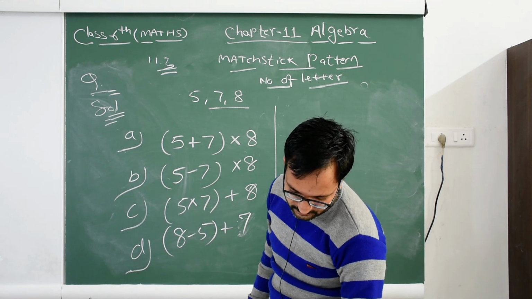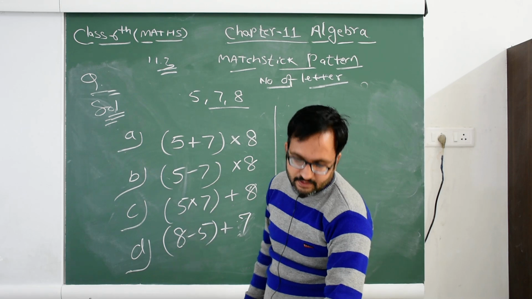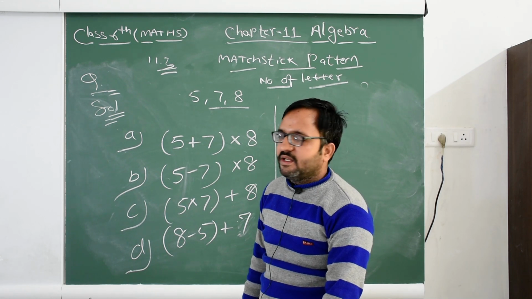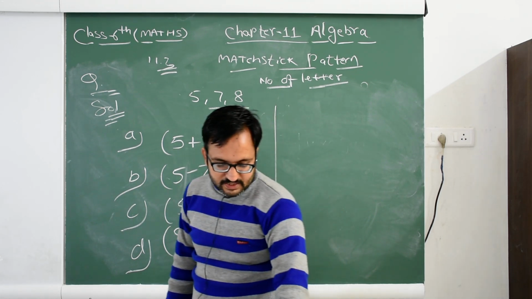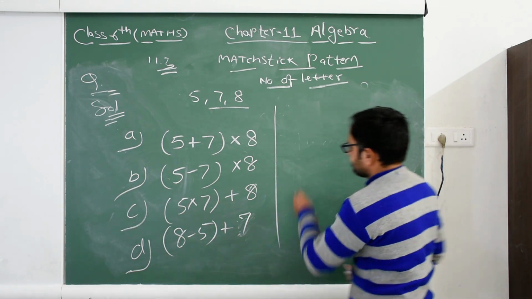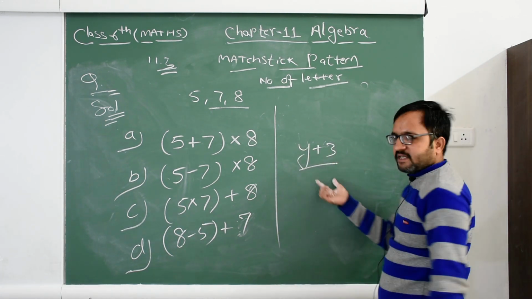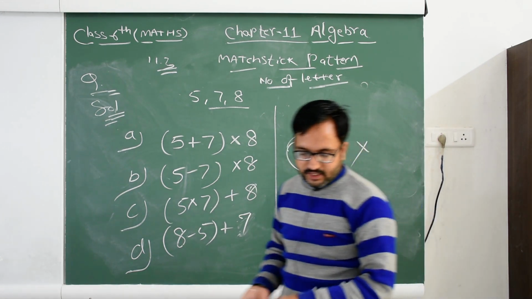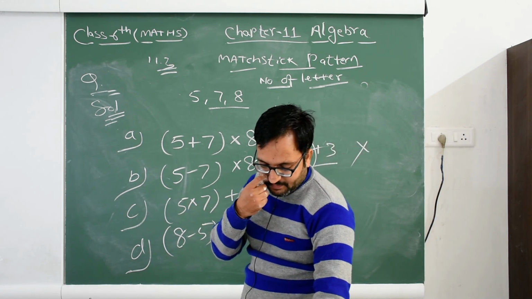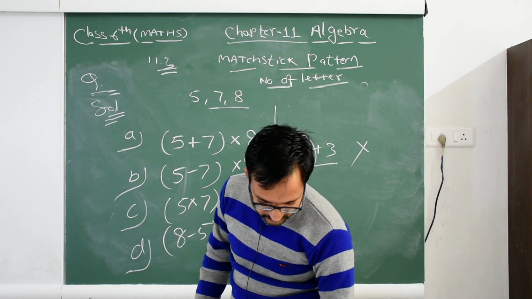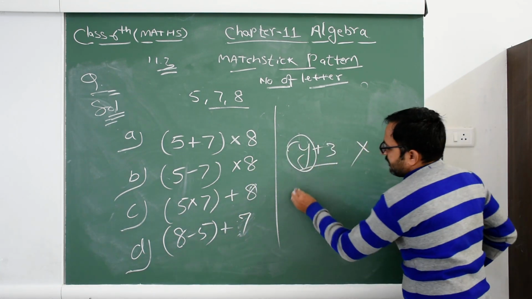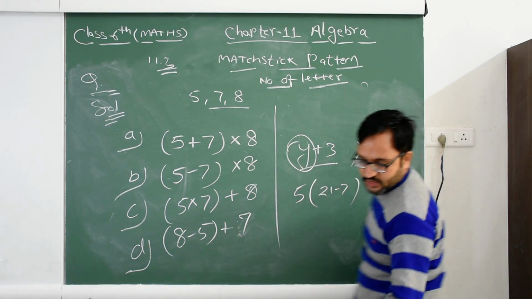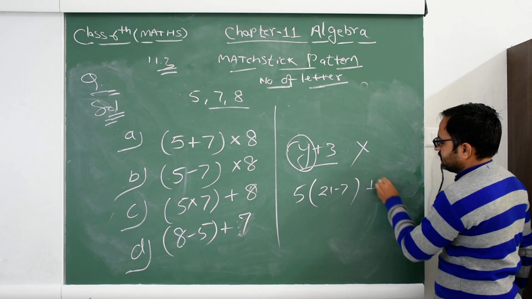Now question number 2: which of the following expressions are with numbers only? We never include any variable in the expression. Look at y plus 3. This is an expression, but y is a variable, so we do not include it. We only classify the ones without variables. Option C: 5, 21 minus 7 plus 7 into 2.